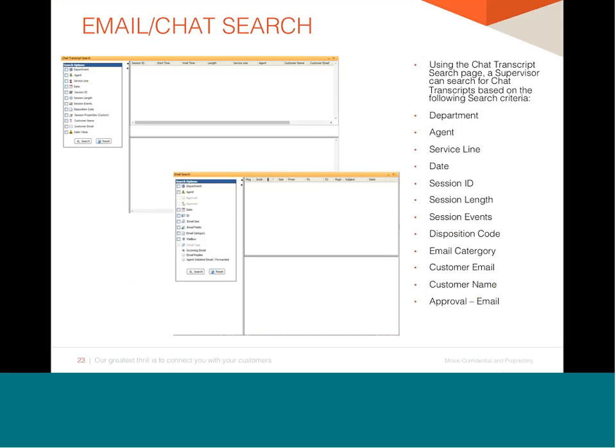But you can also look at this area, email and chat search, to make sure that you're looking at the type of queries that are coming into the business, but also to gauge the quality of service that you're offering by looking at the responses to each of those. Email and chat search, you can also do this by department, agent, service line, and you'll see to the right-hand side of the screen here all the information areas that you can have to hand to run a search on.